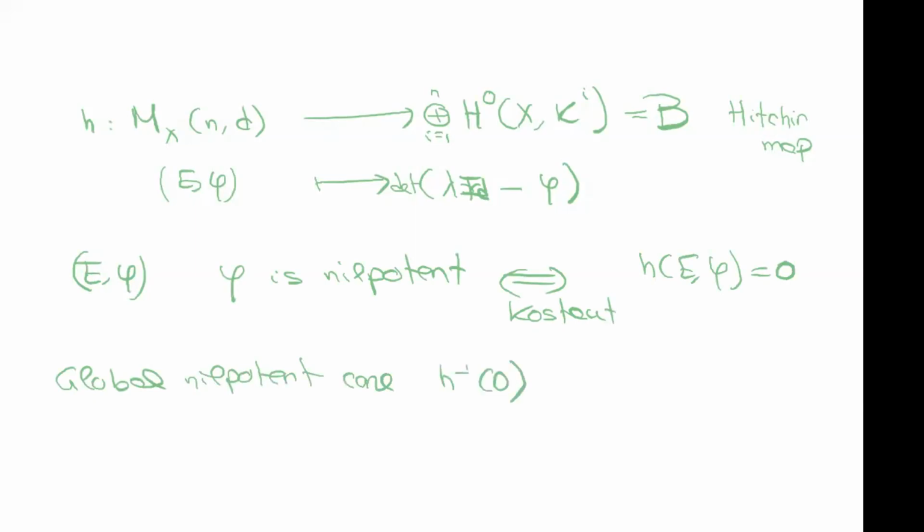Laumon studied it in the more general setup of stacks, but we will be thinking about the moduli space. So this is just pairs of vector bundles and Higgs fields such that the Higgs field is nilpotent. And they are semistable, of course.